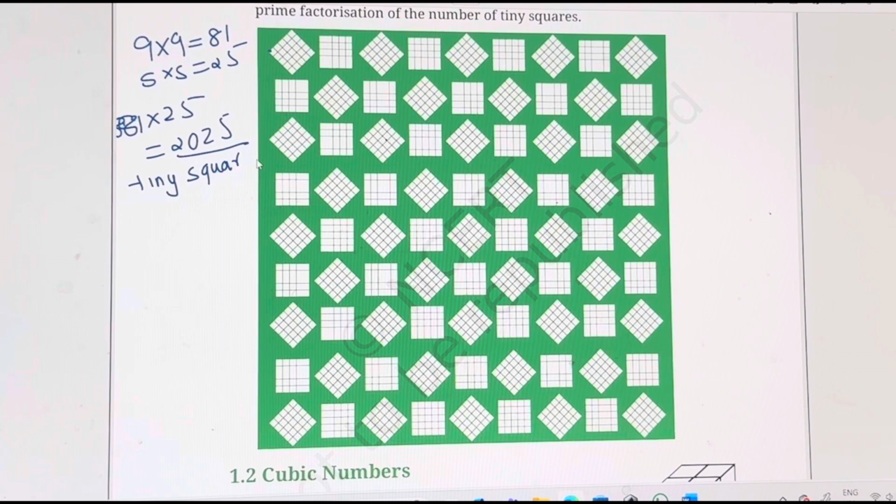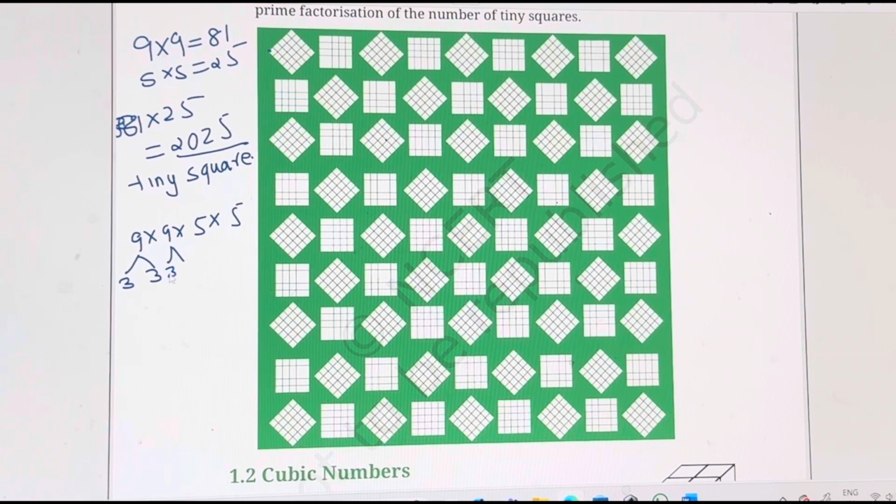Okay. Now they have also asked us to find out the prime factors of this number 2025. Now you need not do prime factorization. We have already found out the factors of this number. Okay. So if we split this, 9 into 9 into 5 into 5. So 9, you can write 3 into 3.